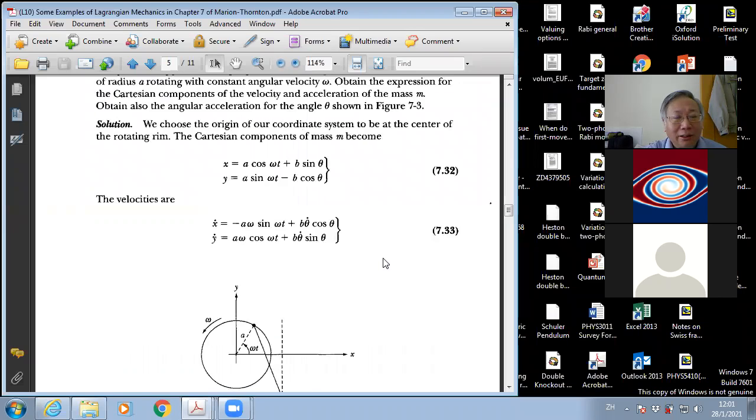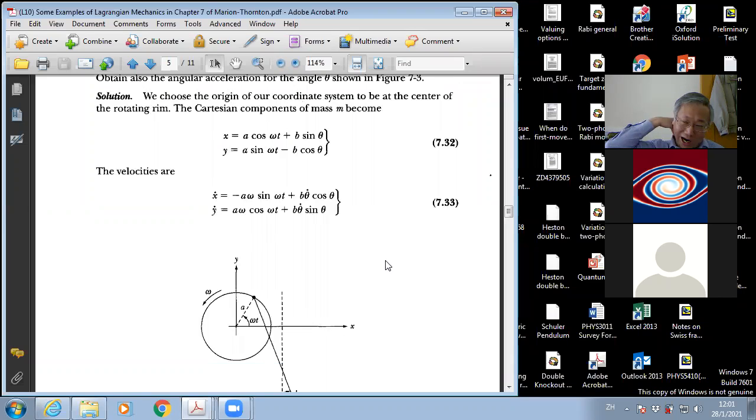Now, if you are asked to apply Newton's second law to do this problem, I think it's quite complicated. On the other hand, the Lagrangian formulation will give you a very systematic procedure to obtain the equations of motion.